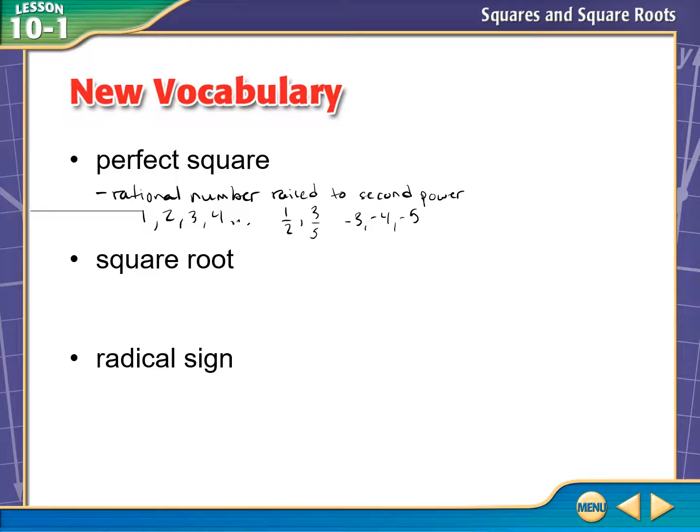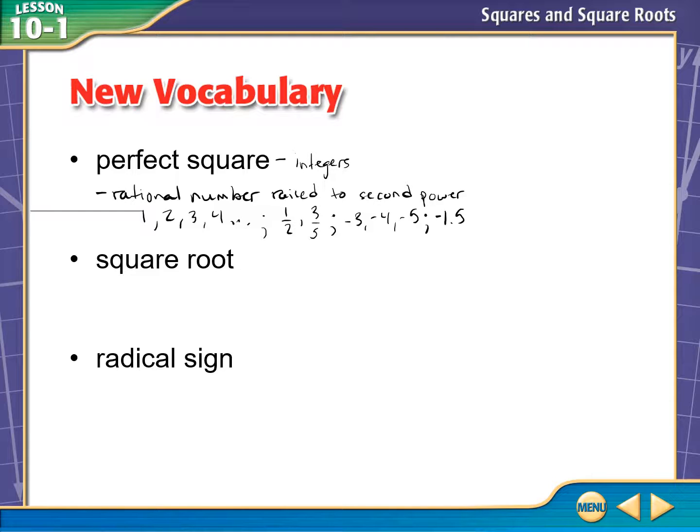And they could be decimals, 1.5, -1.5, and so on. So these are all rational numbers. Whenever we take any of these numbers and raise it to the second power, our result is what we call a perfect square. What we're mostly interested in today is perfect squares of integers.